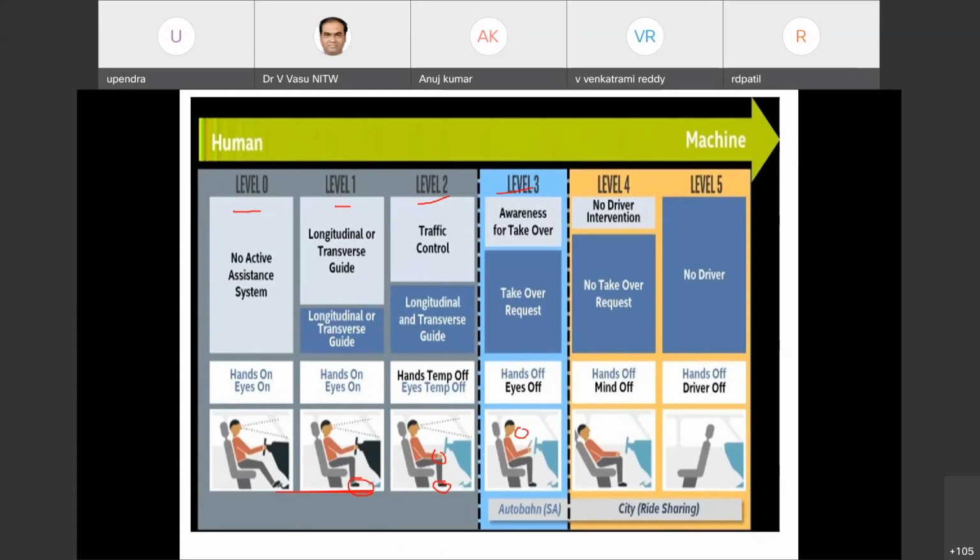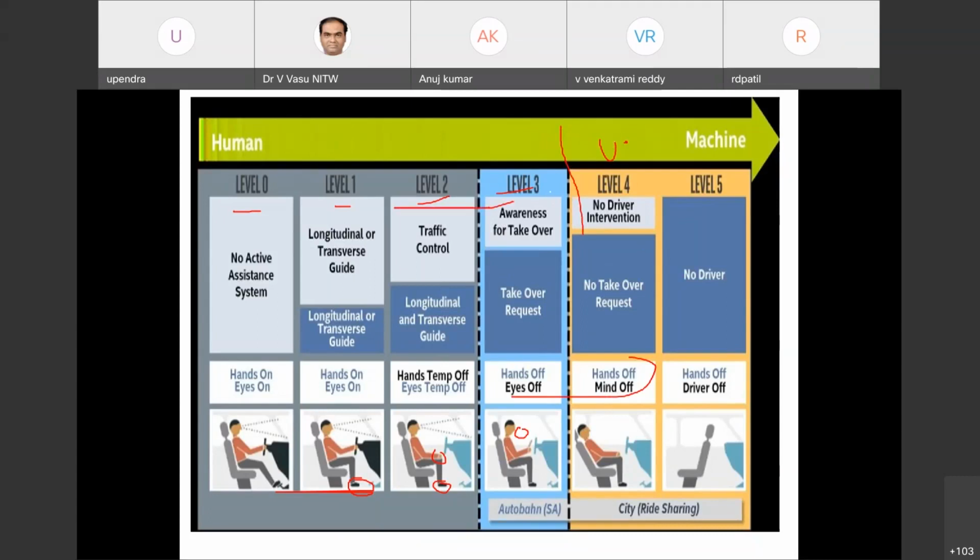The car will be able to drive itself. And in level 4 and level 5, your brain also becomes free. The car will take care of everything. So people have reached up to level 3, and level 4 trials have been successful in the USA.